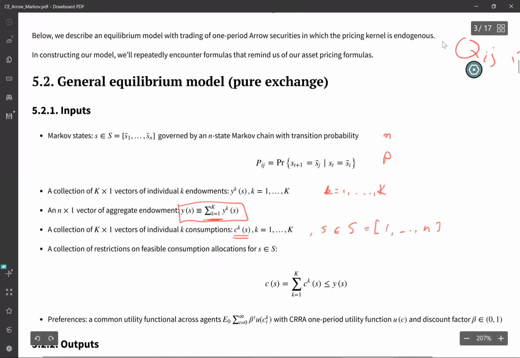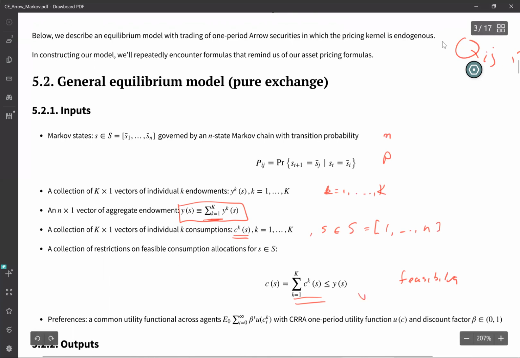We have a definition of feasibility. An allocation has to respect the feasibility restriction that there has to be enough goods for the allocation to people.